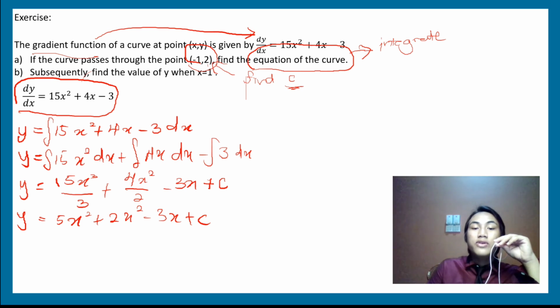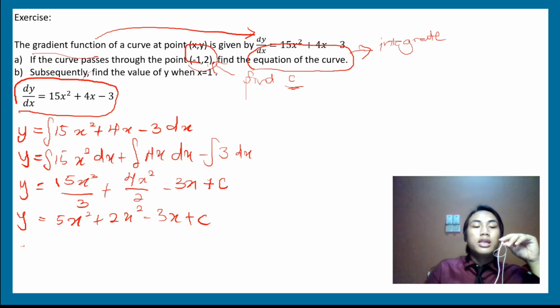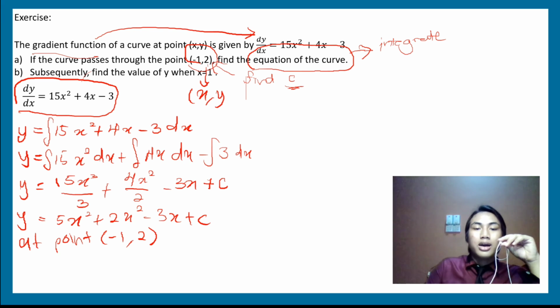So here the value of c, we can find it by substituting the values of x and y using the point given. What is the point given? At point (-1, 2), what is our value of y? 2, it's actually y.